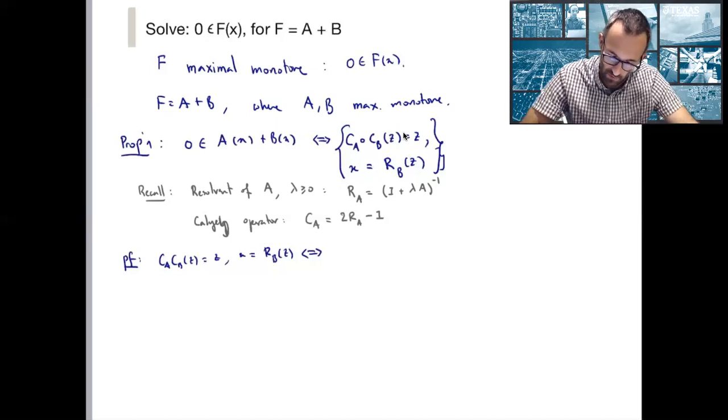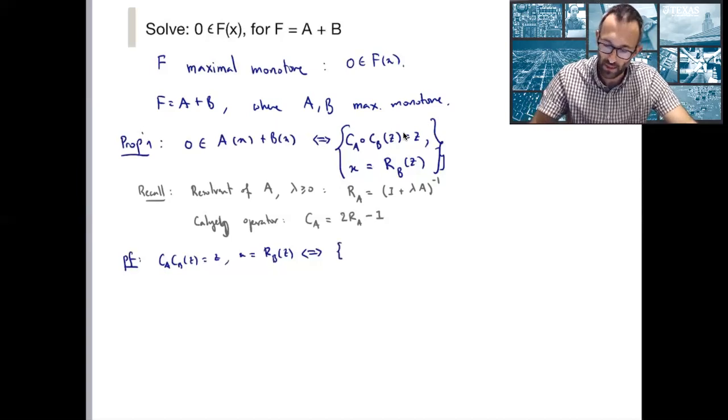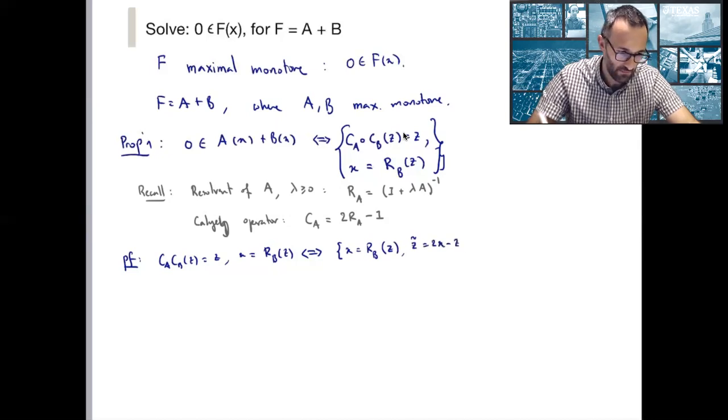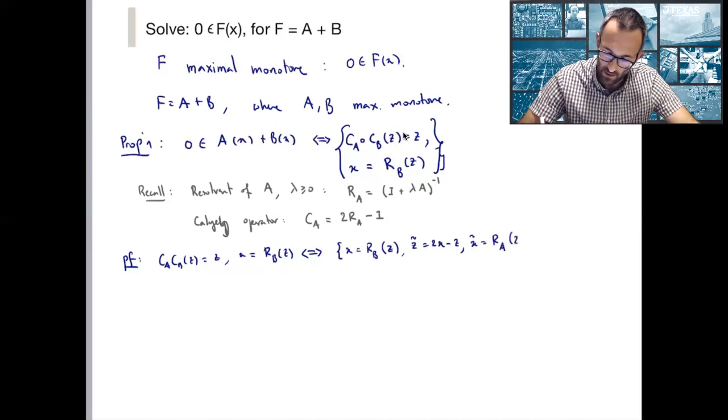It's equivalent to X equals R_B of Z, Z tilde equals 2X minus Z, X tilde is equal to R_A of Z tilde, and Z is equal to 2X tilde minus Z tilde.